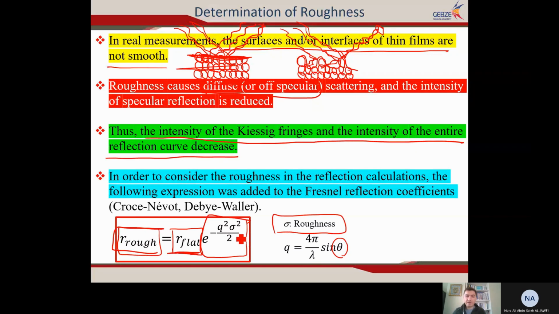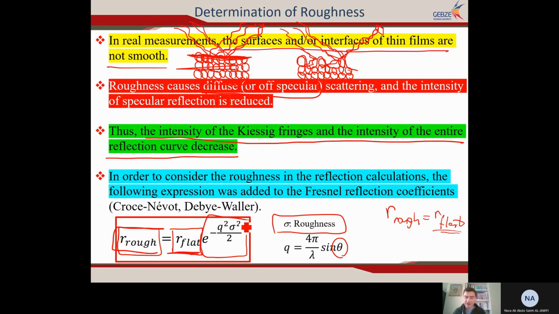So what do you see here? If you have zero roughness, then this R rough will be equal to R flat. If sigma is zero, if we don't have any roughness, then we have reflection from the flat surface.